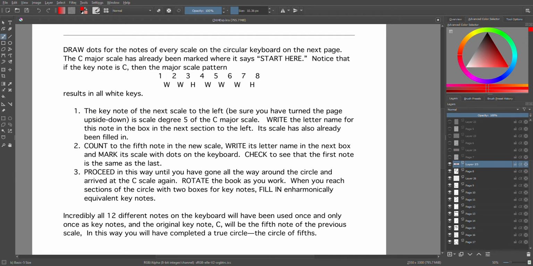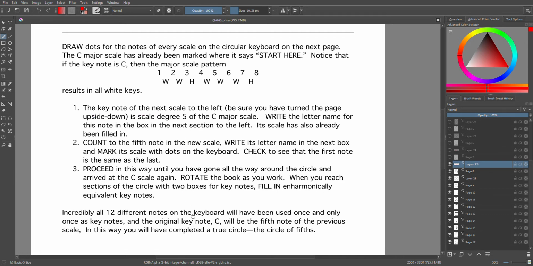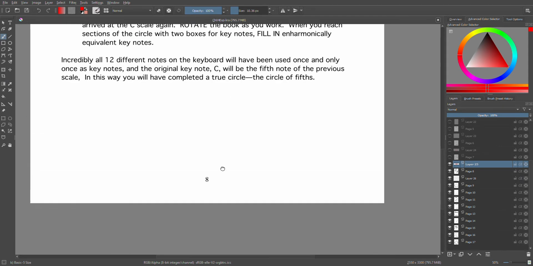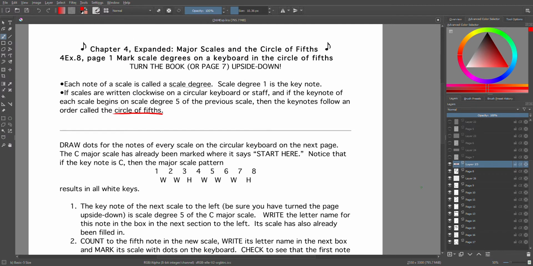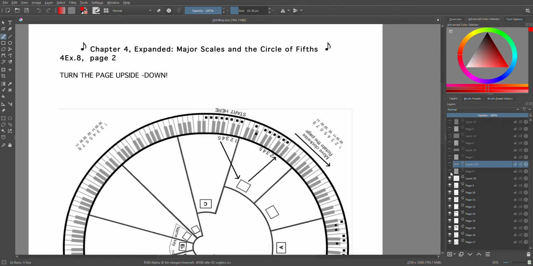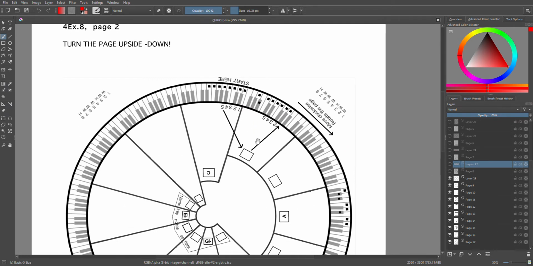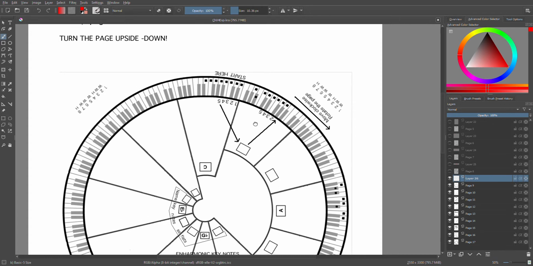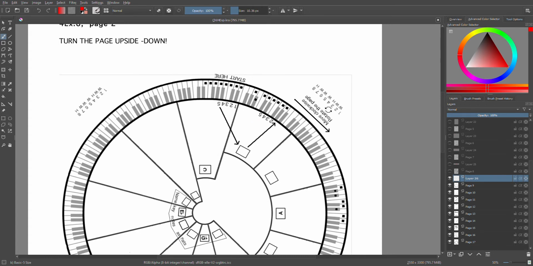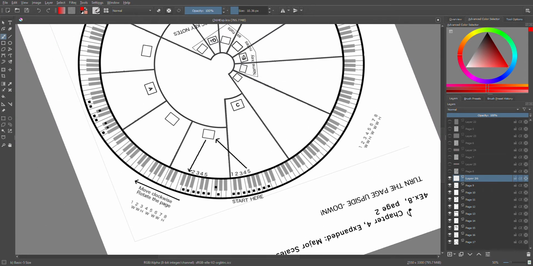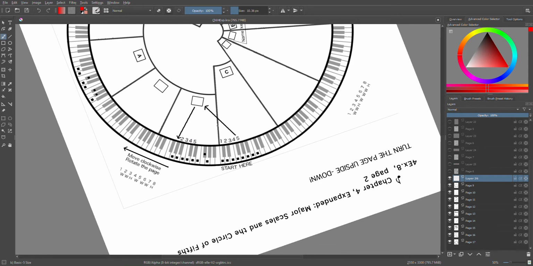So now let's go ahead and take a look at that. Oh, can't scroll down because it's on this page. So we're going to start here. Rotate the canvas. Here's C. Whole, whole, half, whole, whole, whole, half.